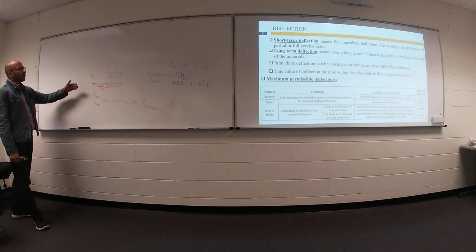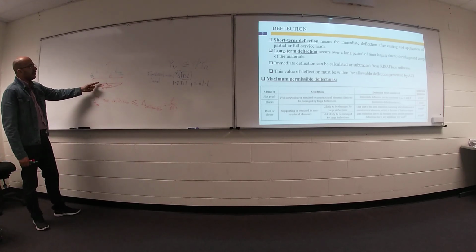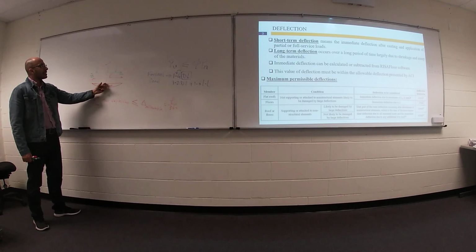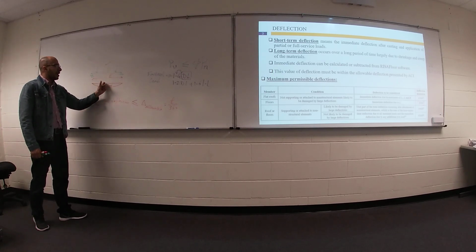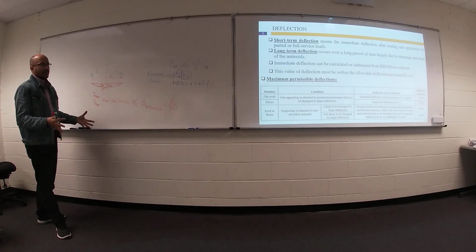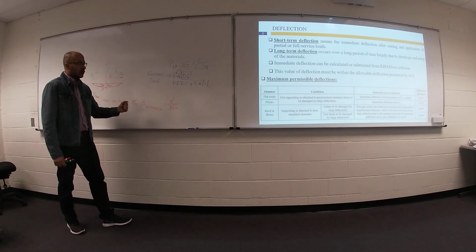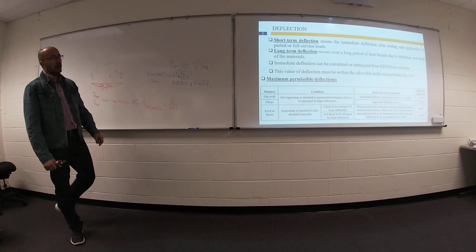If you have a reinforced concrete beam and you put your load and you have a deflection, your maximum deflection near midspan most of the time must be within the limit. The limit equals your span over 360 based on ACI.